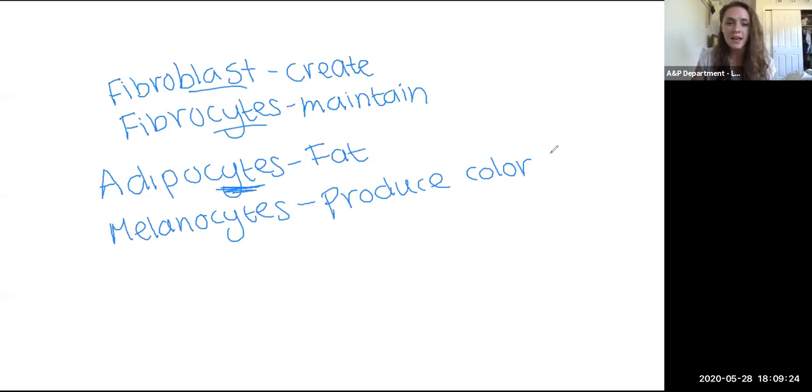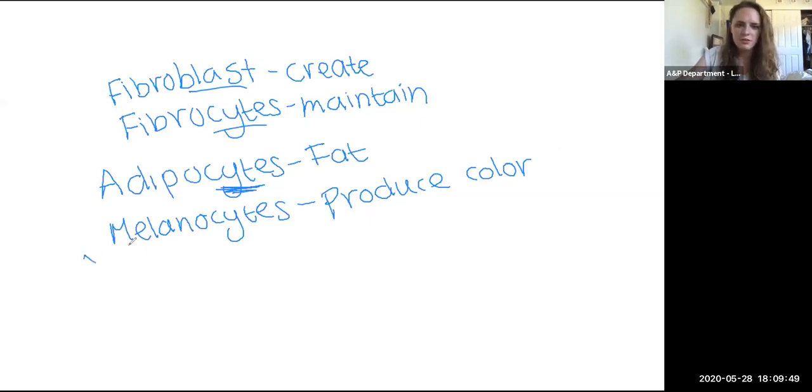So if you're a really tan person, your melanocytes are really good at producing melanin, which produces your color. If you are, let's say, African American, your melanocytes are producing a lot more melanin. And if you're pasty like I am, your melanocytes decided that they didn't want to work anymore. So melanocytes produce color.